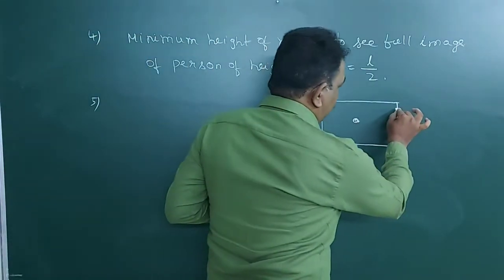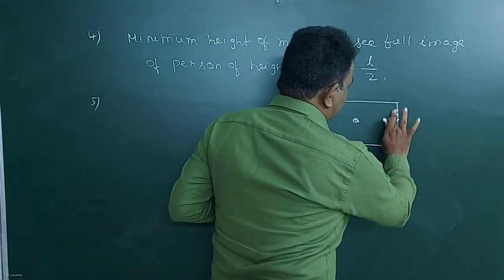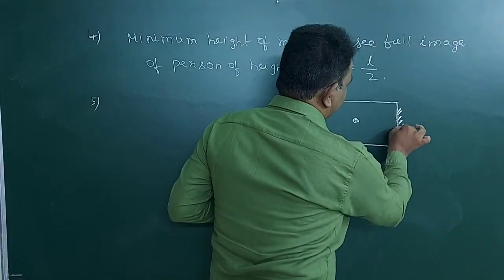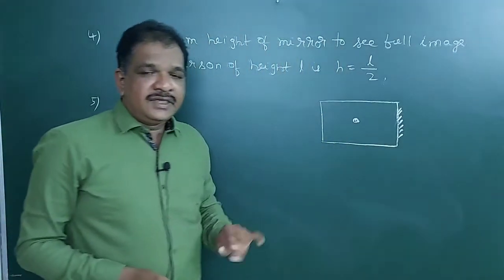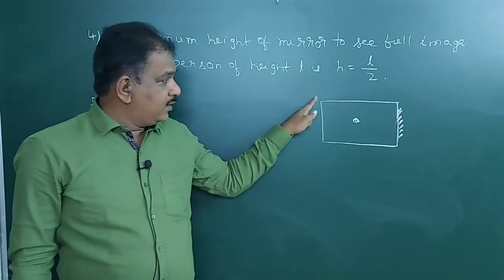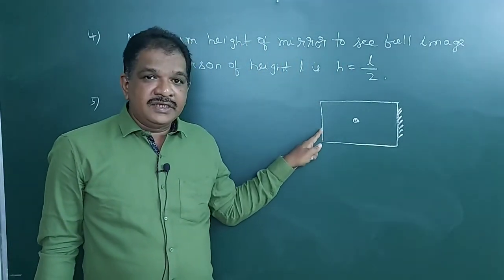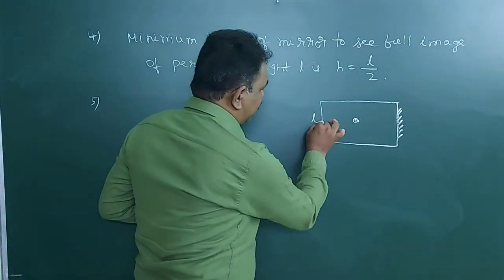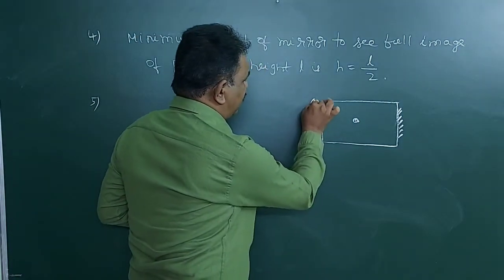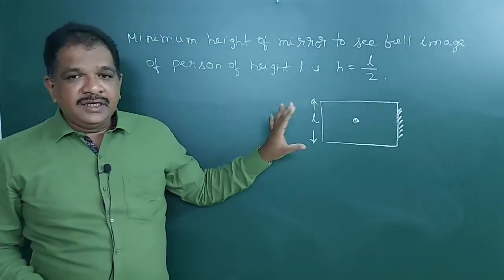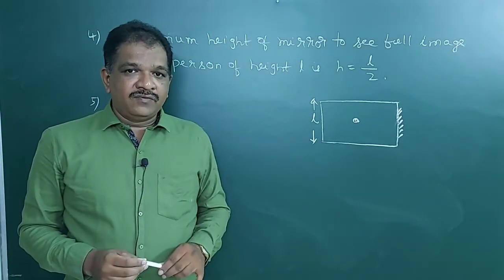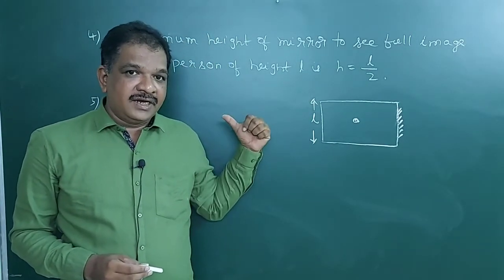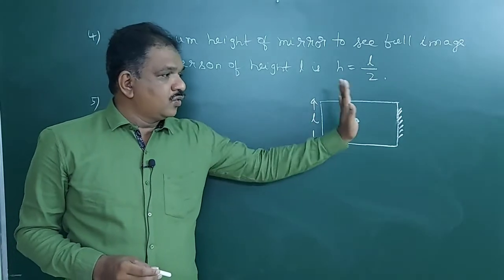To this wall, one mirror is attached like this. To see the full image of the wall which is his back side, for example, the length of this wall will be L. He is facing towards the mirror.